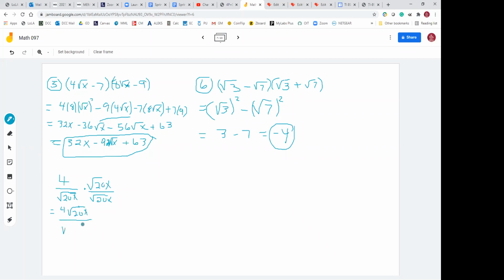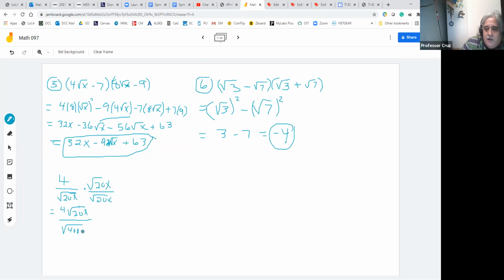Yeah. Okay. Now, well, we don't have any choice now but to simplify both of these. Okay. So in the top, it's not so bad. So what's the largest perfect square in 400?